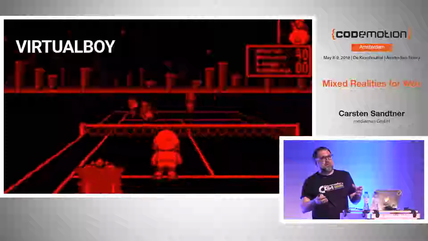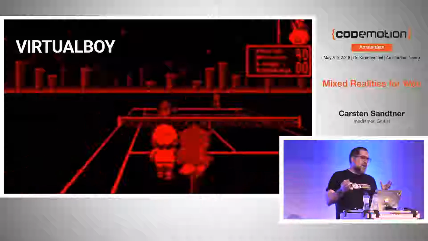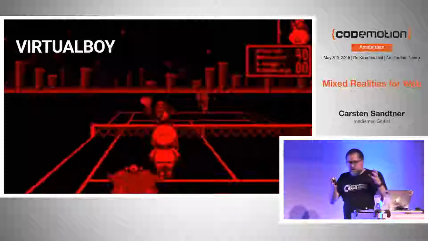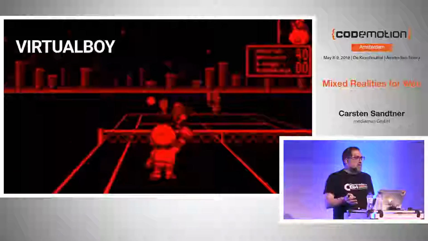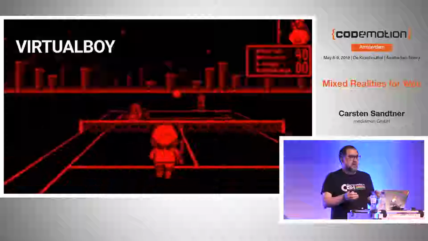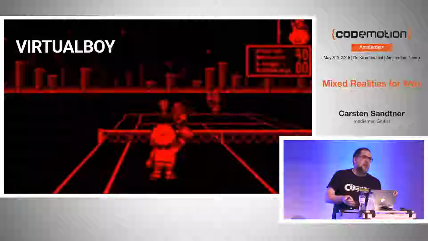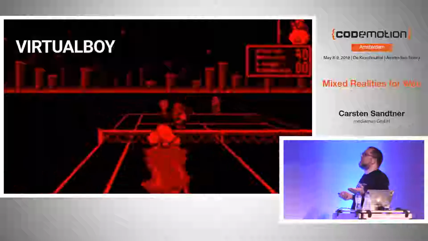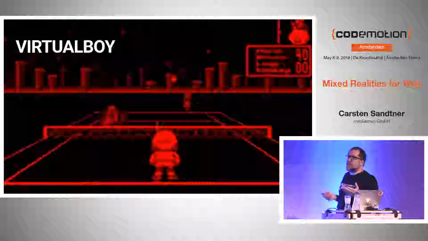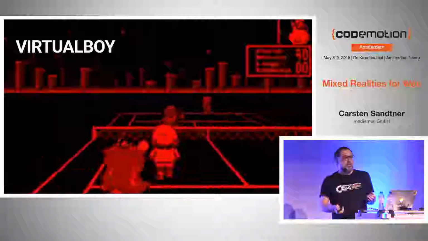You got a headache. The whole hardware was very heavy. It was not usable, and the technology wasn't so far at this time. So they stopped producing it, but it was the same technique behind the head-mounted displays nowadays.